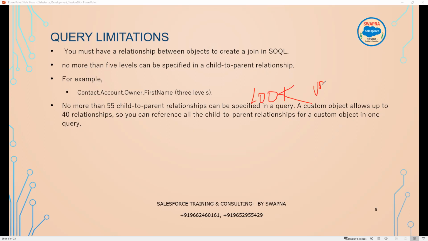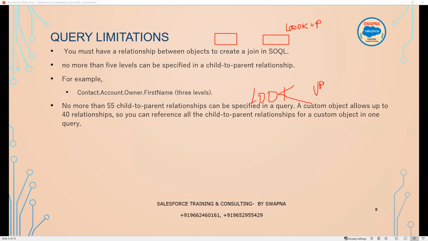I have 2 objects, and in between them, how many lookup fields can I create?